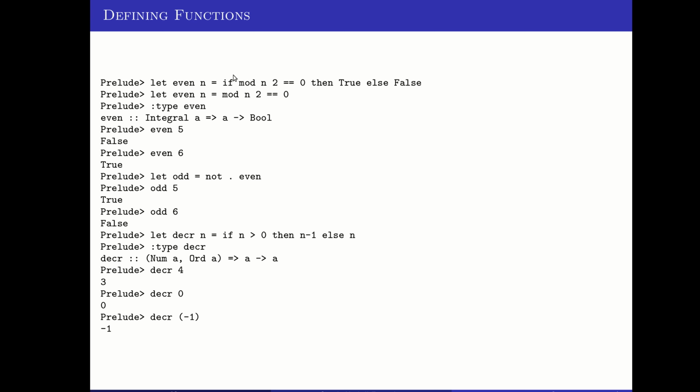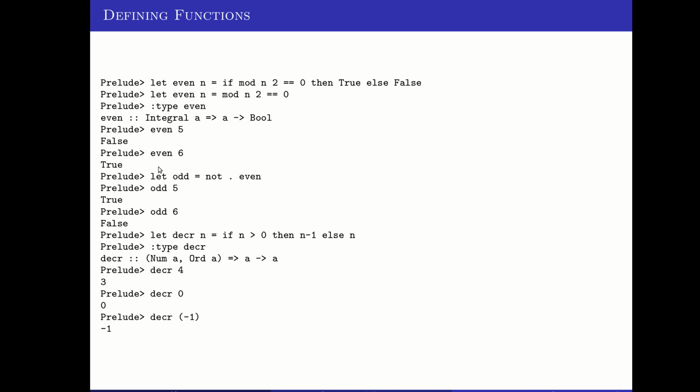So here we've said if mod n with 2 as the base is equal to 0, then we return true, or we give true as our result, else we give false. Mod if, and here we simply just make the Boolean statement mod n 2 equals 0, and we check even on a few different things. It's false for 5, it's true for 6.